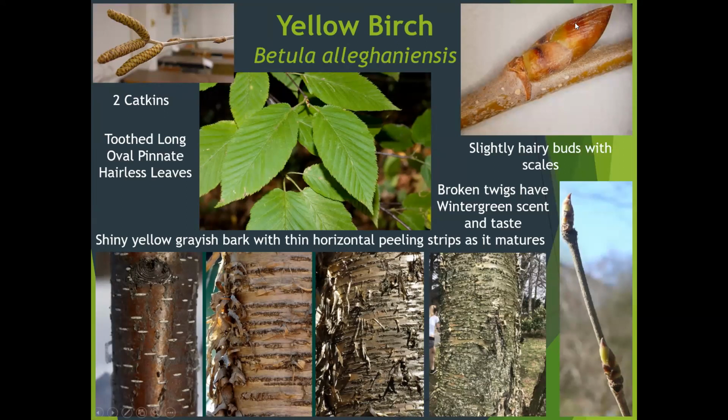They kind of look warty, but those are just lenticels along the twigs. And just like the sweet birch, the black birch, these are the second most used birch tree for that wintergreen scent and taste. So if you're going to have birch beer, sometimes they would use yellow birch to make that as well.